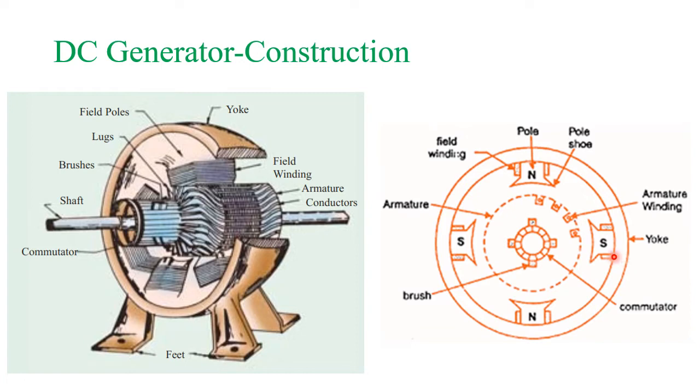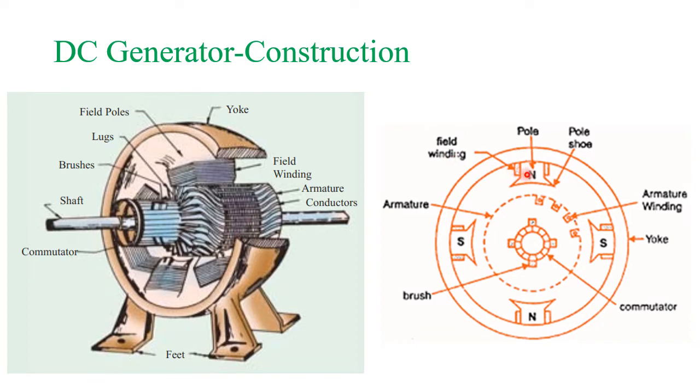And then you can see the poles: north pole, south pole, north pole, south pole. There are four poles in this DC generator, and these poles give support for the field winding.